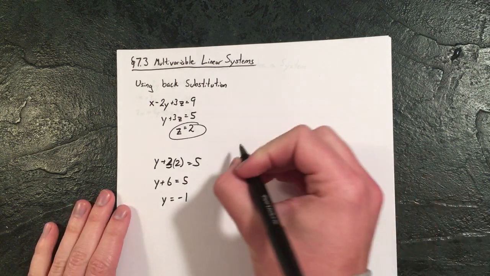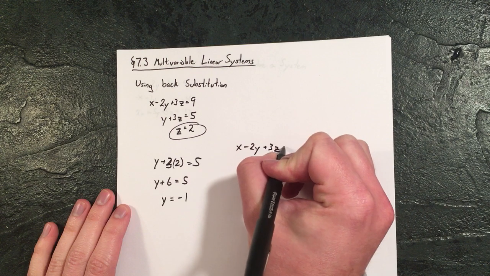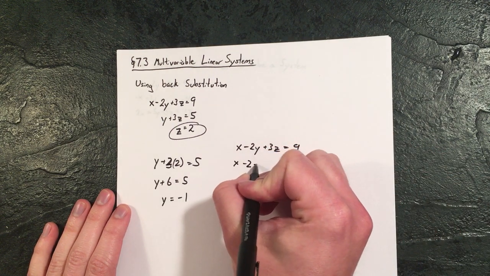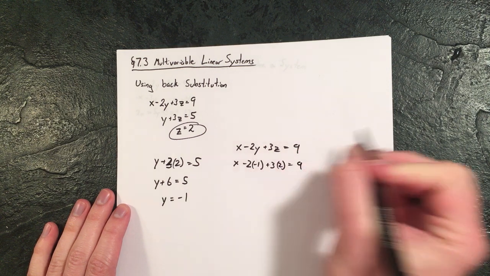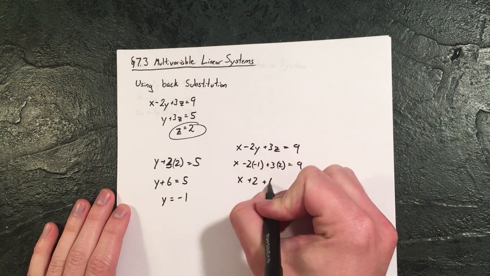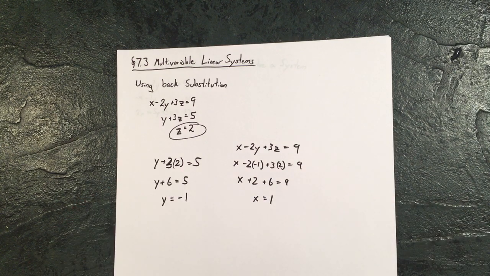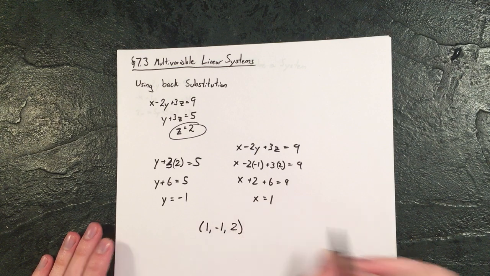Then we can take both of these, and I'll actually write out the whole line this time, and put both of these in. So we have x plus 2 plus 6 equals 9, x equals 1. So our answer here would be 1, -1, 2.